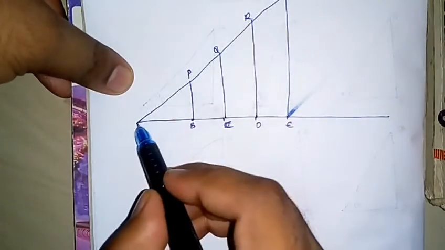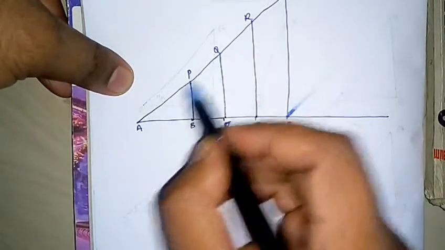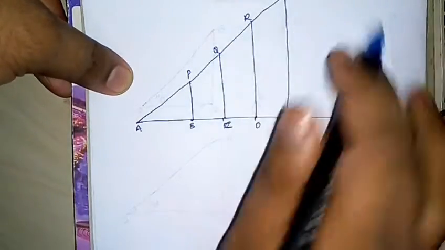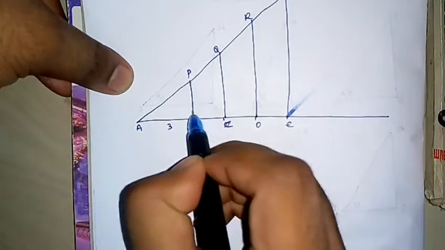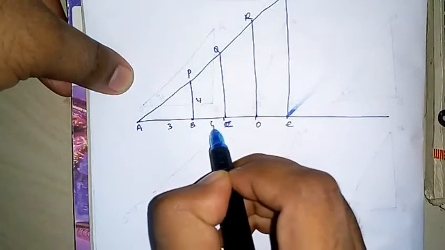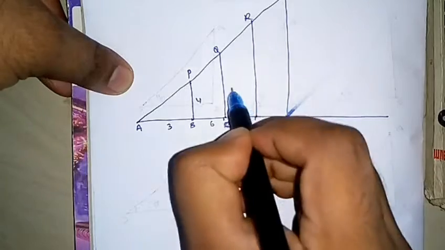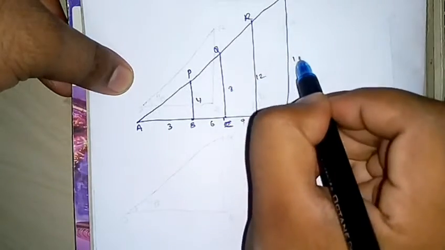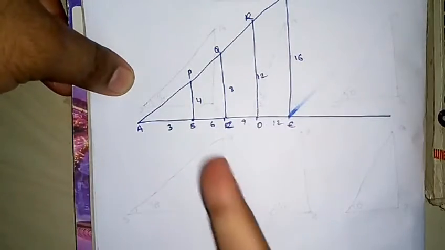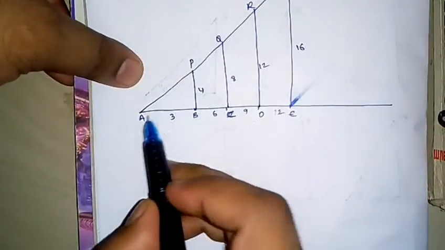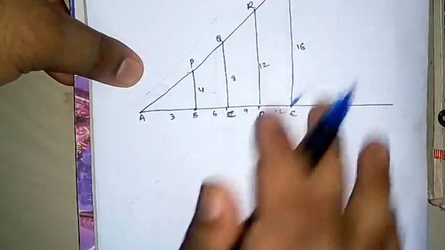Now what you have to do? You have to find the lengths of AP, AQ, AR and AS. You know that these are of lengths 3, 6, 9, 12 and 4, 8, 12 and 16. These lengths are already given. Now we have to find the lengths of AP, AQ, AR, AS.